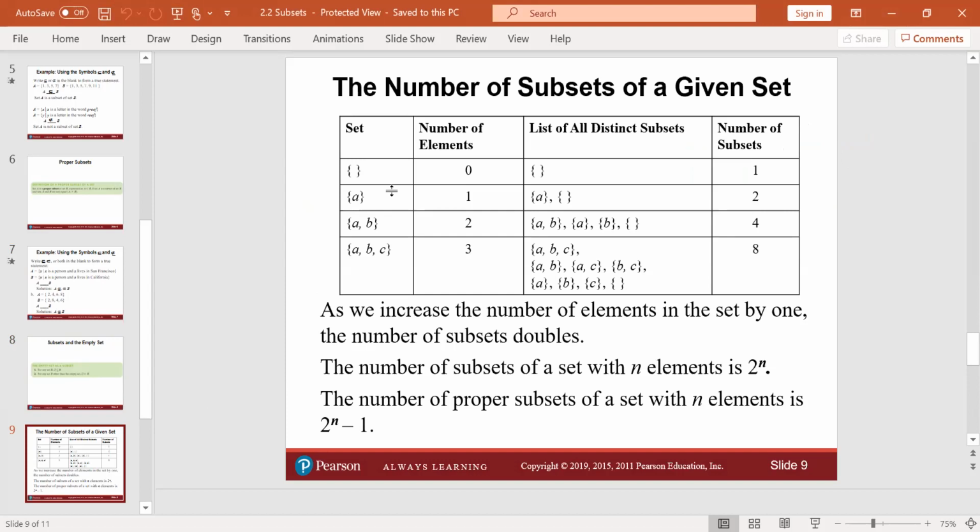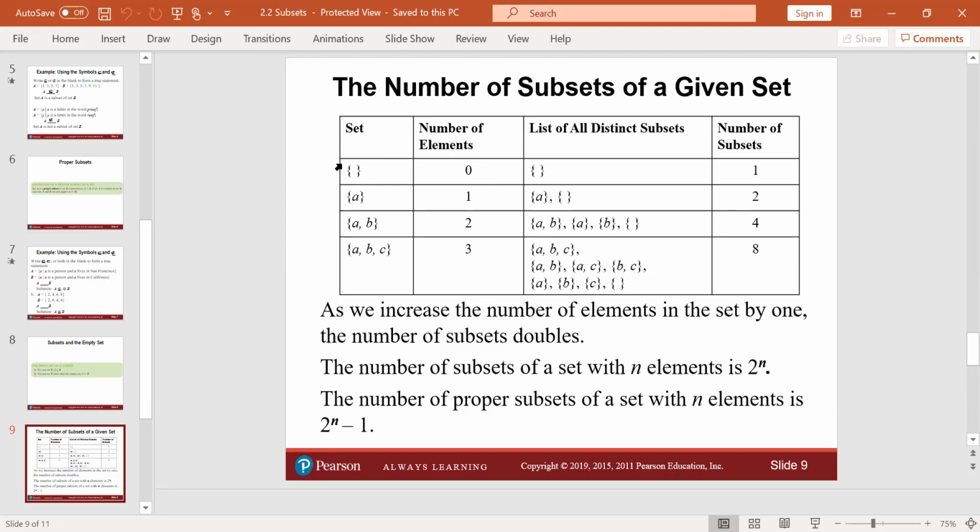Now we have to go to another level, the next level: the number of subsets of a given set. Think about the empty set, the set that has nothing in it. It has no elements in it.